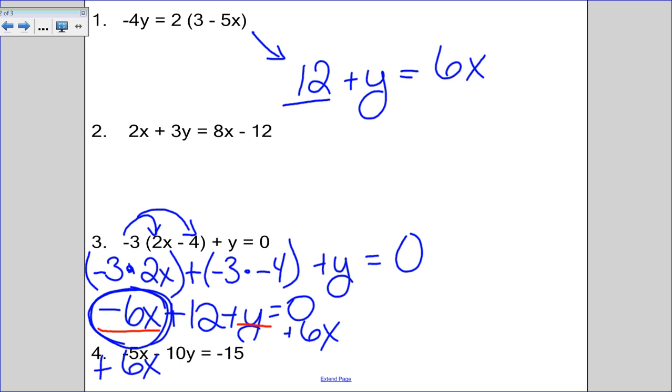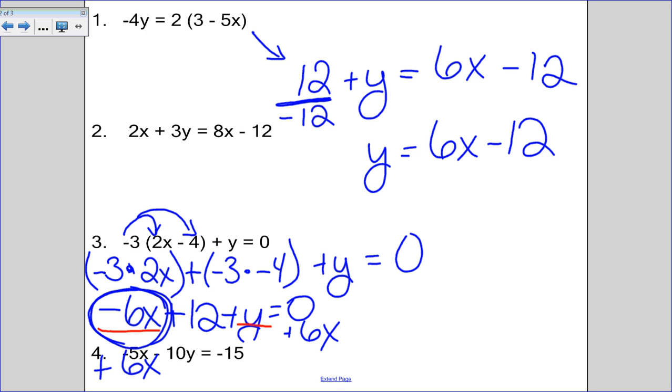We still have a positive 12 here. How do we move that to the other side? We need to subtract 12 from both sides, okay? Subtract 12. So now we have y equals 6x minus 12. And here we can see our m, our slope is 6, and our b is negative 12.